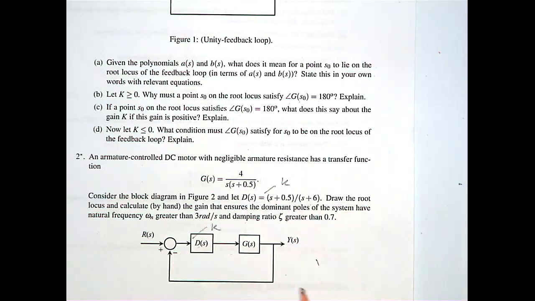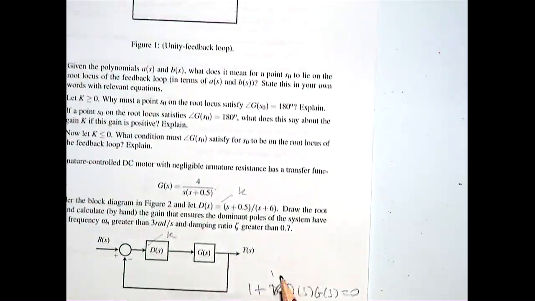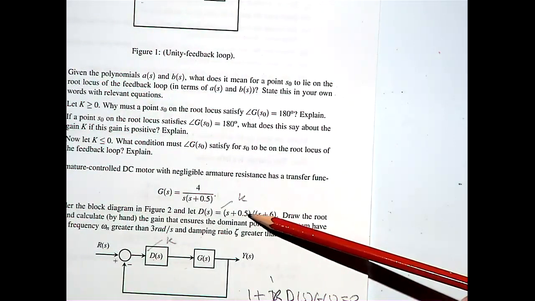So there will be some parameters still that I would want to play with. So the equation that we will be looking at in the end is 1 plus K D(s) G(s) equals 0.